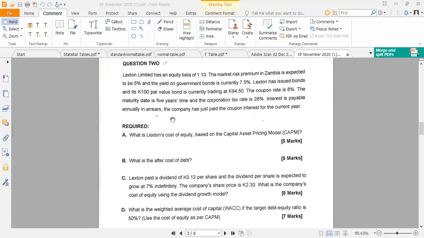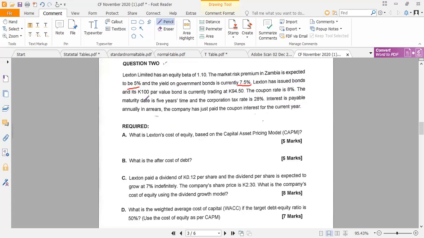Looking at this question, first of all, we have a company called Lexton. They have a beta of 1.1. The risk premium is 5%, and the government bonds are currently at 7.5%. So this is the risk-free rate. Treasury bills are the most risk-free assets one can buy.